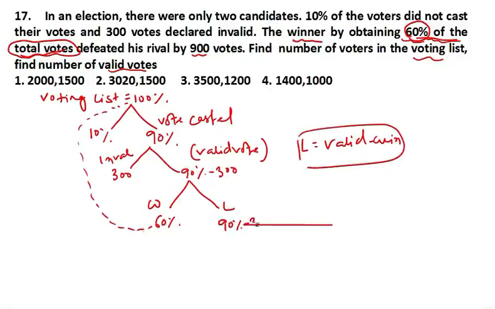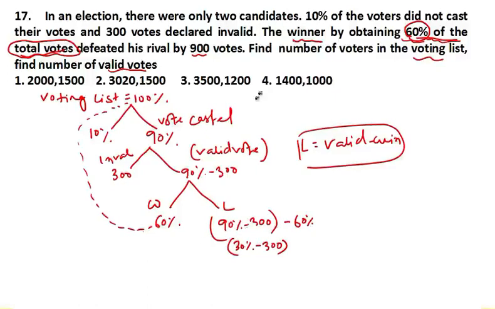90% minus 300 minus 60%. So what will you get? You will get 30% minus 300. Now here I am doing this calculation to make you understand. In the future you can skip this line.